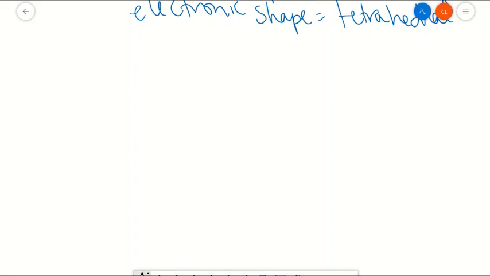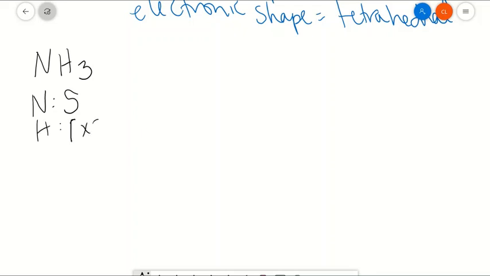Okay, so still with steric number 4, let's look at ammonia. So for ammonia, remember nitrogen has 5 valence electrons, each hydrogen has 1. So that's a total of 8 valence electrons.